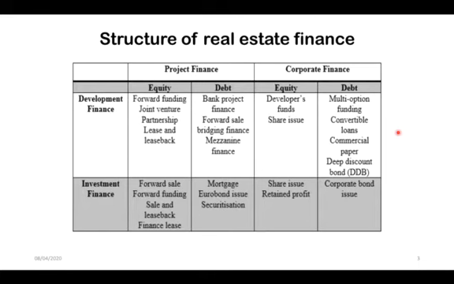So in this lecture series, I'll be looking at 4 main project-based finance methods, which will include the different types of methods shaded in red. Here we'll be looking at forward funding, forward sale, bridge finance, and mezzanine finance. In the sections that follow, each of the methods of funding shaded in this table will be discussed in greater detail. So let's start with forward funding.